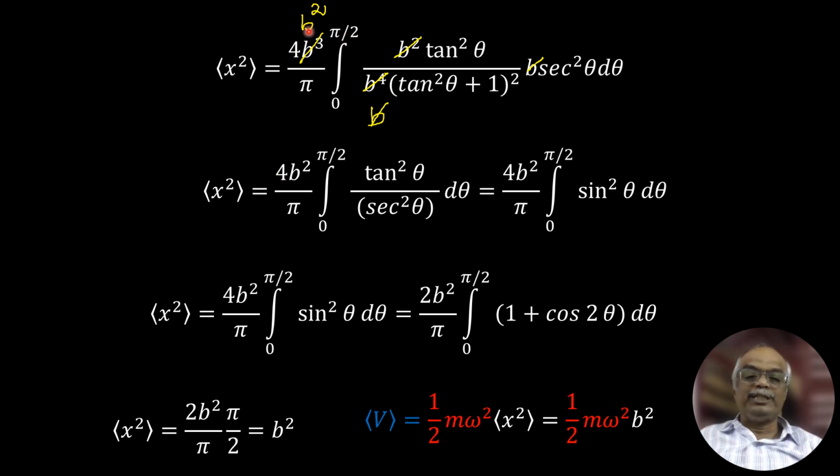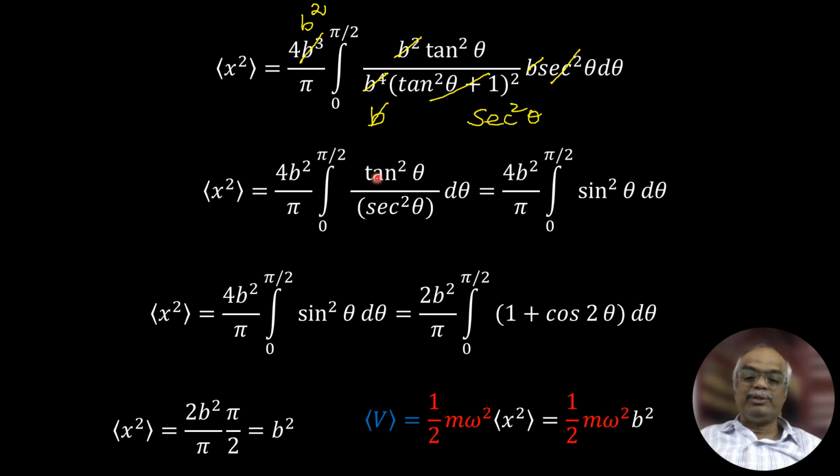So 4 p squared over pi, and this integral tan squared theta divided by (1 plus tan squared theta) whole squared, that is secant squared theta whole squared. So one secant squared theta will get cancelled. So here this secant squared theta will get cancelled with this 1 plus tan squared theta, and only you have secant squared theta here.